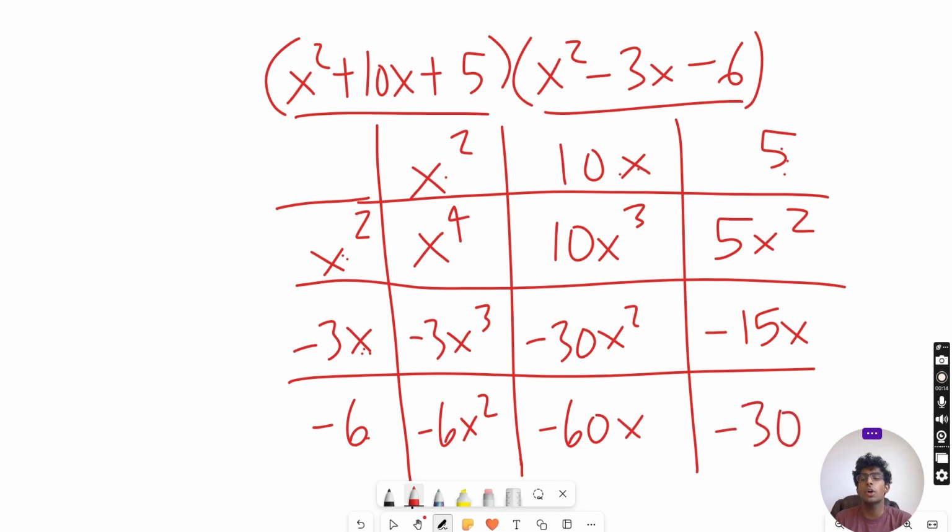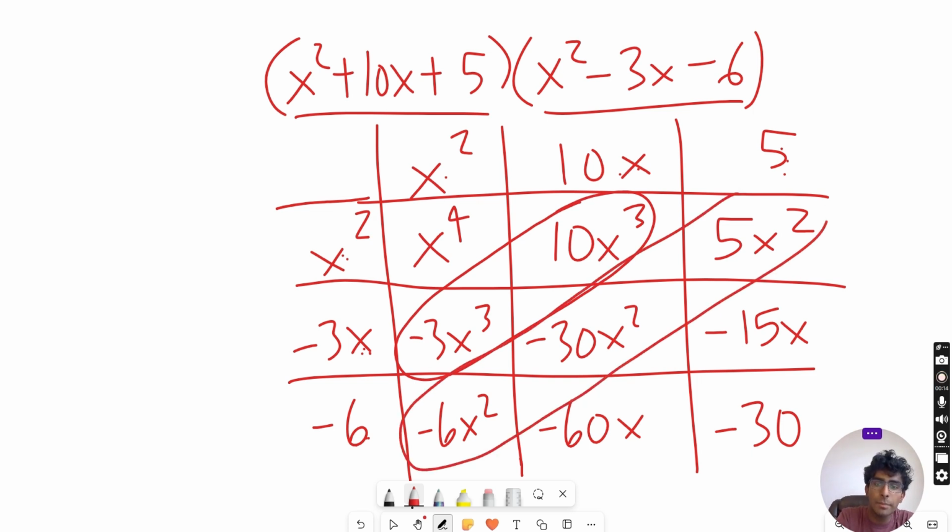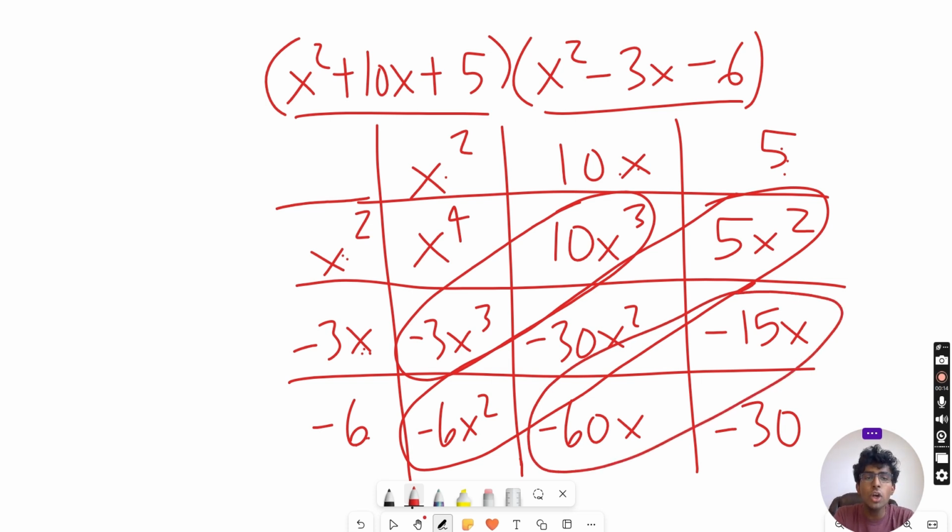So now we've done our grid multiplication, and now we're going to combine like terms. Luckily for us, combining like terms is always done along a diagonal. So we can see here we have the x cubed terms that we're going to be combining, the x squared terms, and then the x terms. So I'm going to write out our answer here on the left. We're going to have x to the fourth, and then 10 minus 3, that's going to be plus 7x cubed.